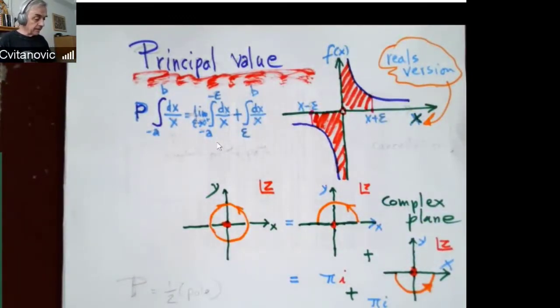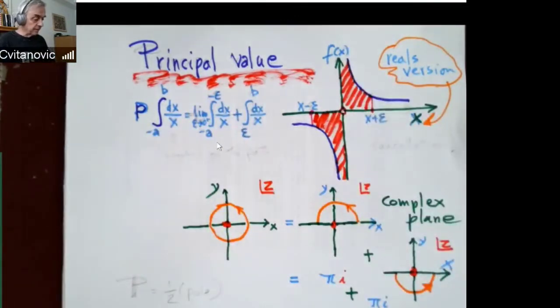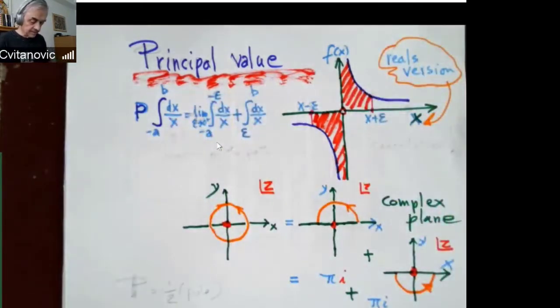And that's why it makes sense to define this principal part. The singular part cancels, and the real part is what you call principal value. Now, that's a little bit iffy, this kind of argument, because there might be some finite leftovers. Is this really exact?